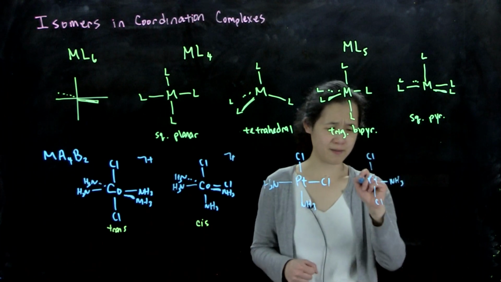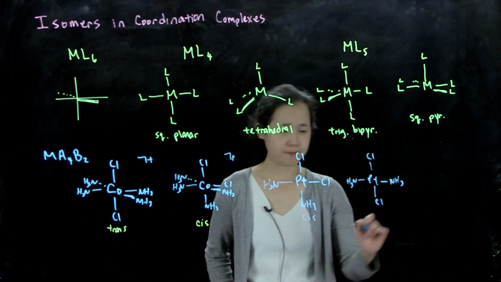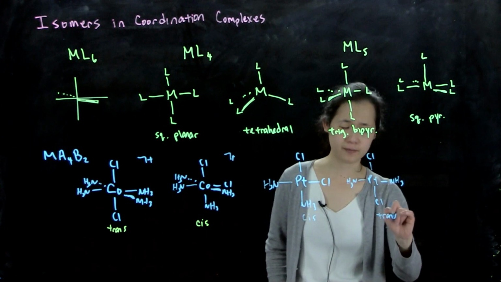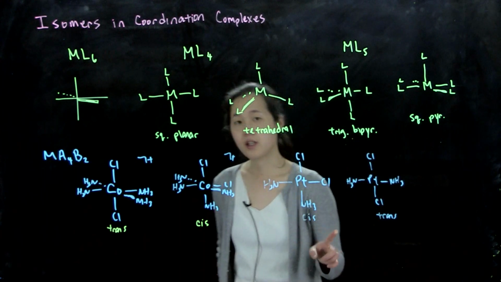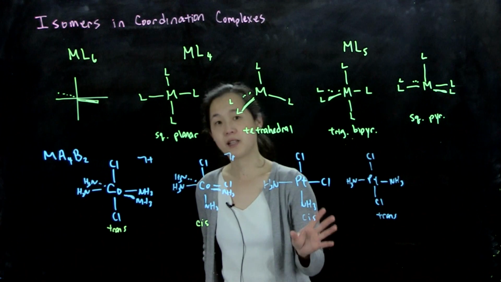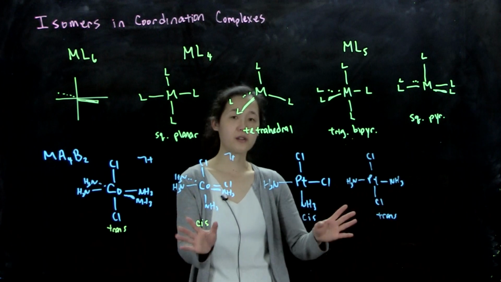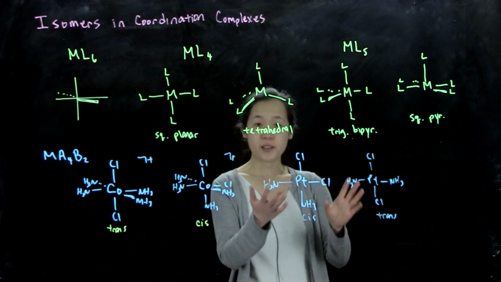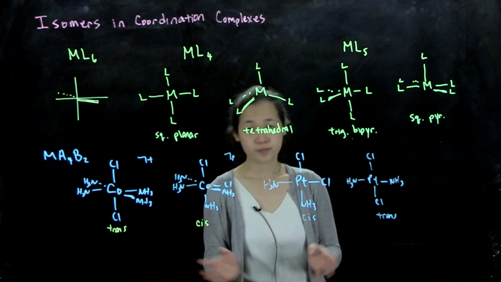Excuse me, the dust. Again, this will be cis, and this will be trans. I do want to point out this is a molecule that's important for cancer drugs. Cisplatin is the active one, and transplatin is not. So again, which isomer you have is really important. These are geometric isomers.